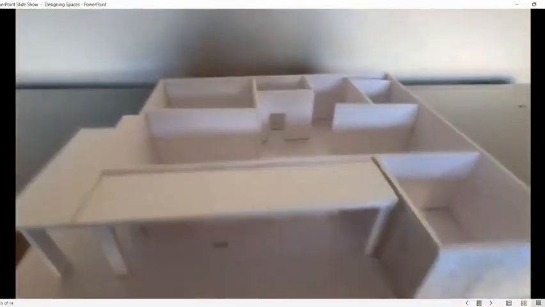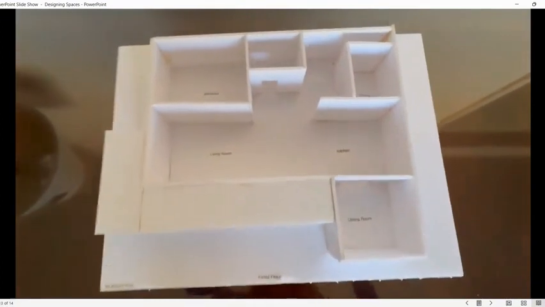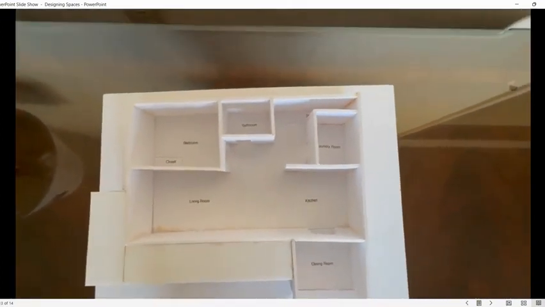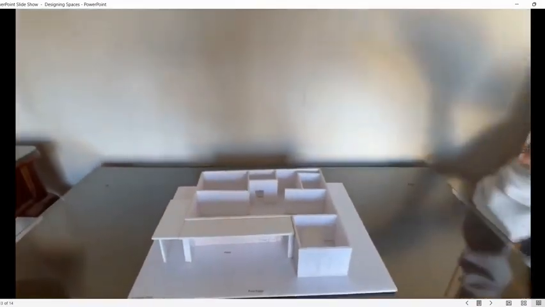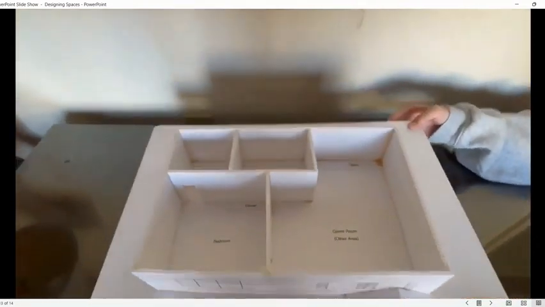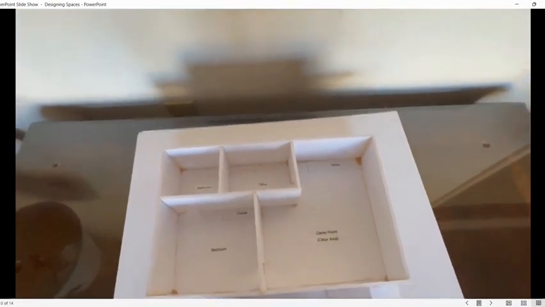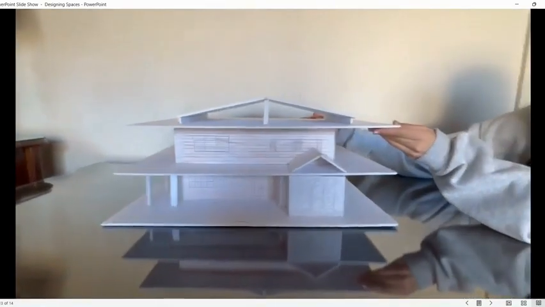And inside is the first floor. And here's the second floor. And that is the product of my project.